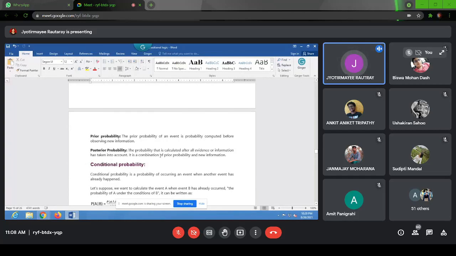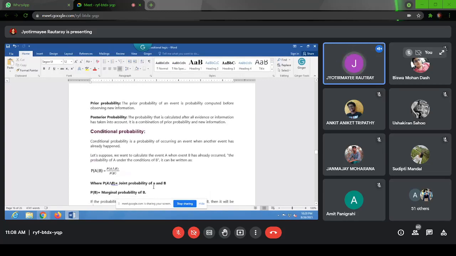And posterior probability is calculated after conducting the experiment; whatever we had before conducting the experiment was our prior probability. After calculating all the evidence or information, the posterior probability is the combination of prior probability and new information, if you get the new information.